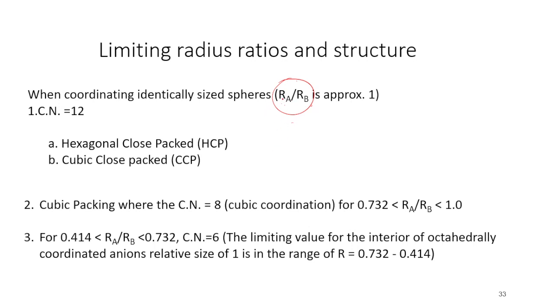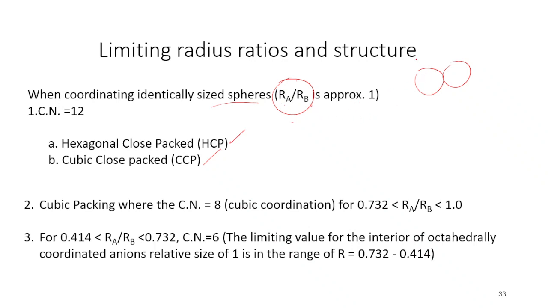Say for example, for hexagonal close pack and cubic close pack structures, the spheres will be almost equivalent to each other. The diameter, the radius of the spheres will almost be equivalent to each other.